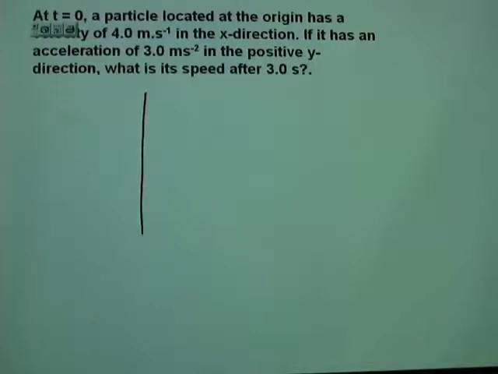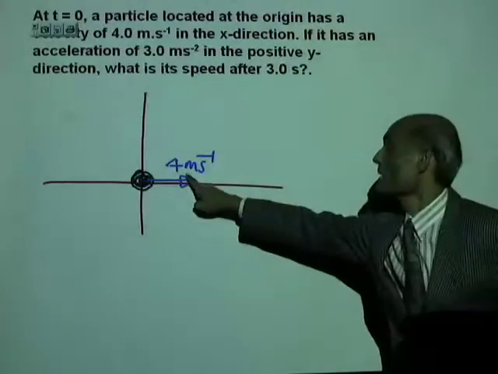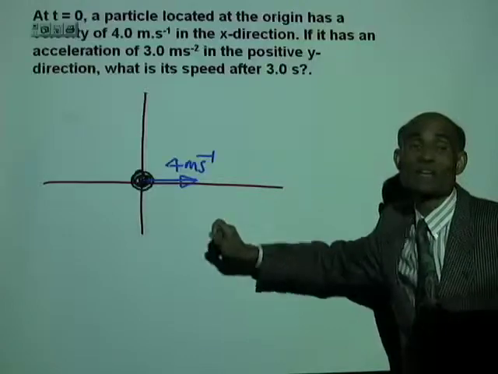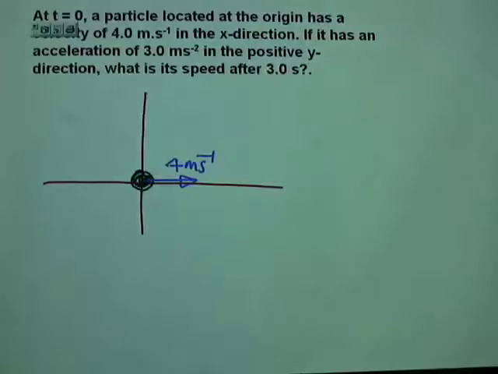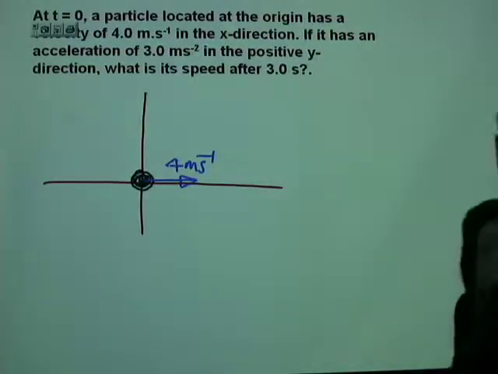Alright, now this is the origin. Now at the origin, this is the object. It has a velocity of 4 meters per second in the x direction, and it has an acceleration in the y direction. Alright, let's talk about that as we move on.